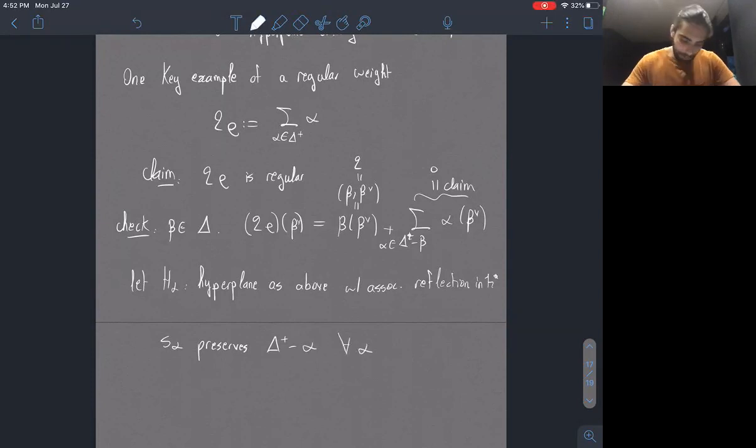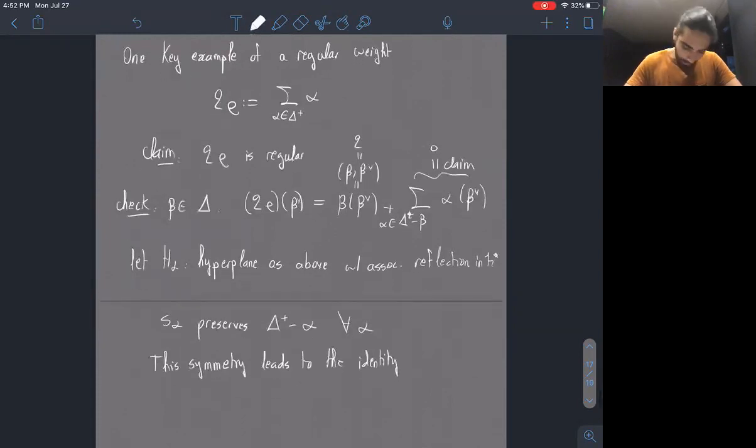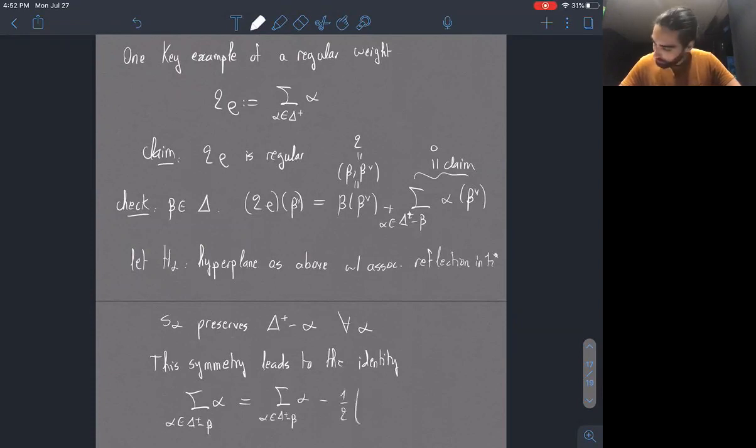And this symmetry leads to the identity where the sum of all roots away from beta can be shown to equal itself minus a half sum of alpha, beta.